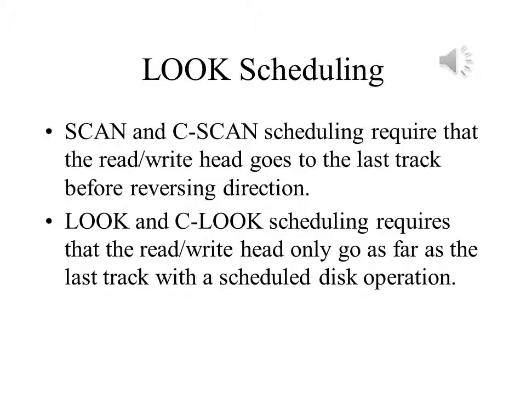Look and C-look scheduling involve going as far as there are disk operations requested. On a disk with 200 tracks, as you have seen in these examples, there would be no reason to go further than track 190 before reversing direction.